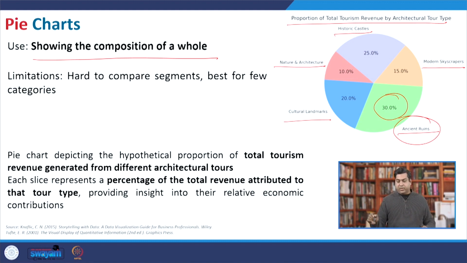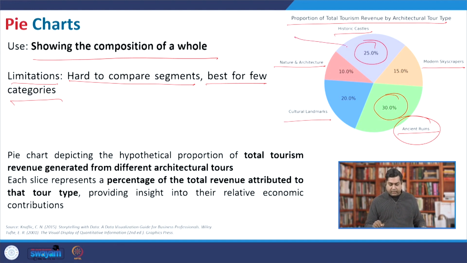So, maybe in some particular country the historic castle can contribute much more than what is represented here. Okay. In this case the limitation is that it is really hard to compare the segments, and it is suited for few categories only. Say for example, if within this historic area you have some more categories, on typology and architectural style, then it will be very difficult.